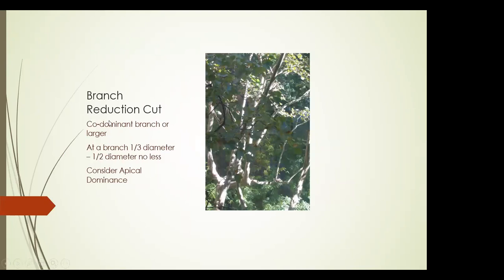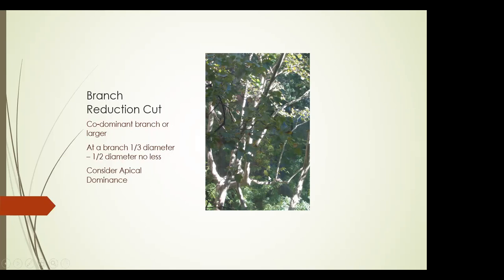Branch removal, or I'm sorry, branch reduction. This branch was reduced here, and you get this weird growth, and then it was reduced here. These are part of the problem with this kind of cut, is that we have these strange branch architecture, and that's not the greatest thing, but sometimes it's necessary.